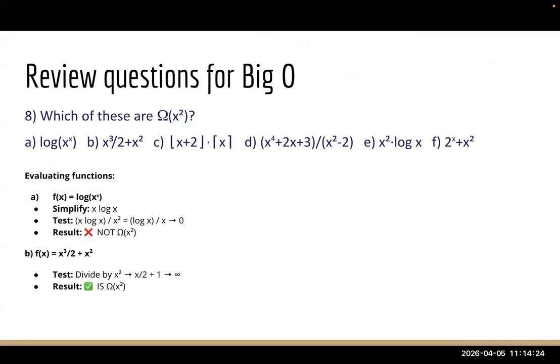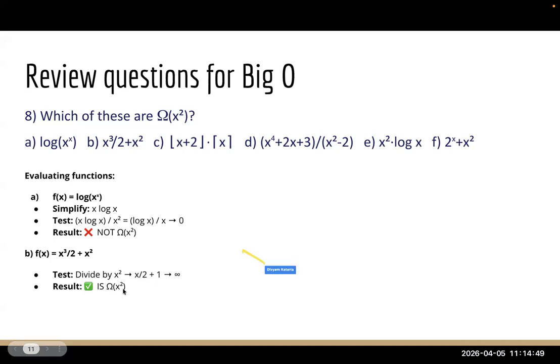Now, part B, x cubed over 2 plus x squared. So we divide by x squared, and it becomes x over 2 plus 1, which goes to infinity. Thus, it is in the format omega.